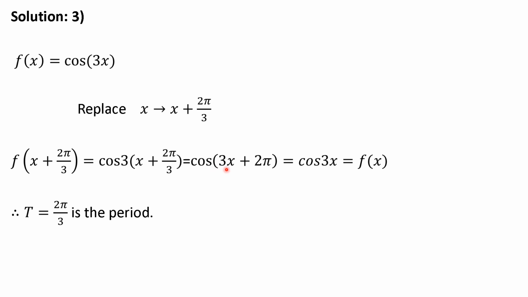In the first quadrant all trigonometric functions are positive. Here 2 pi is there, therefore the trigonometric function remains the same, therefore cos 3x. Therefore f of x plus 2 pi by 3 is equal to f of x. Therefore this is a periodic function with the period 2 pi by 3.